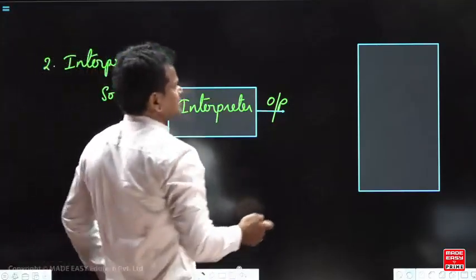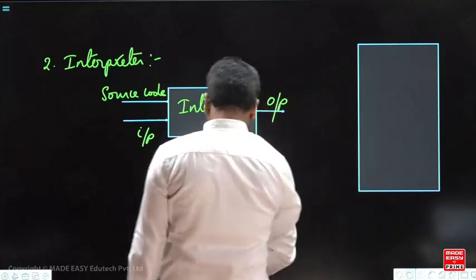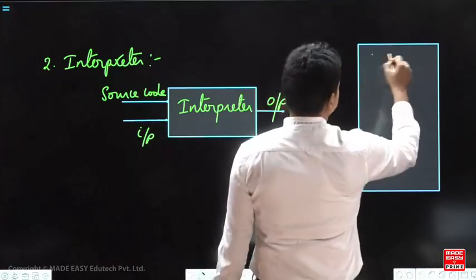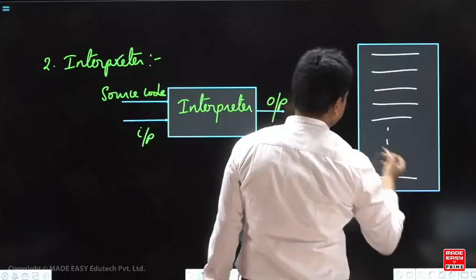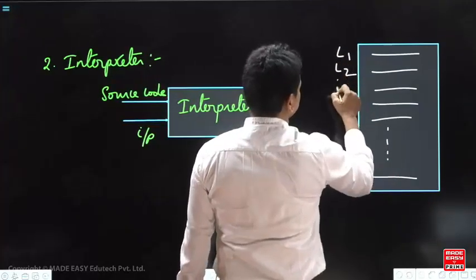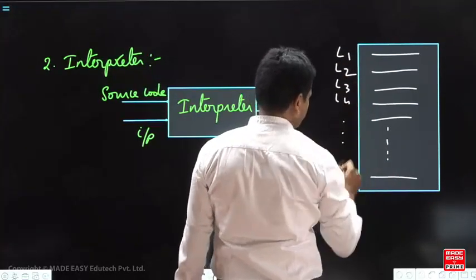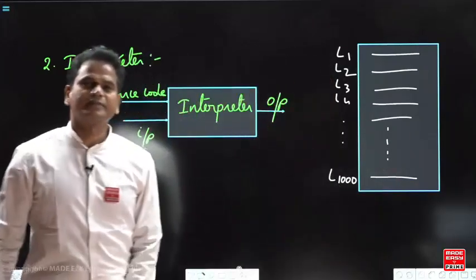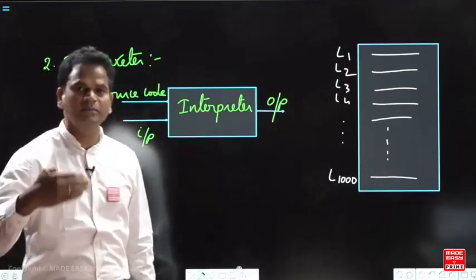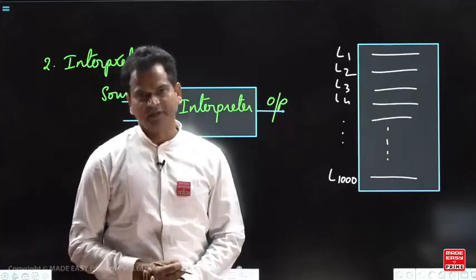What happens in the case of an interpreter? Suppose we wrote a program of 1000 lines. Say this is line 1, line 2, line 3, line 4, and so on up to 1000. The interpreter executes the program line by line.